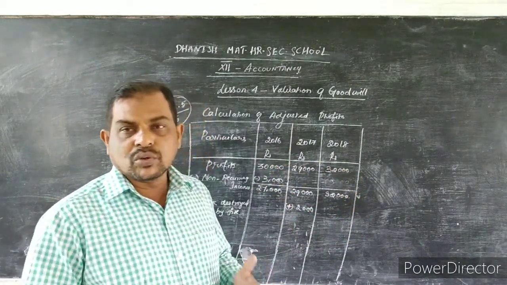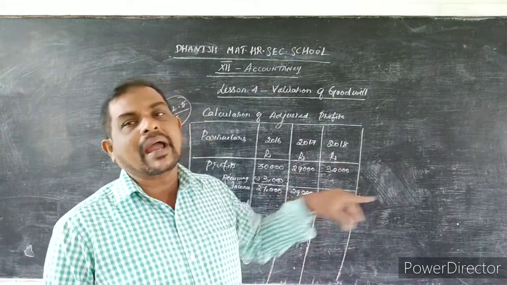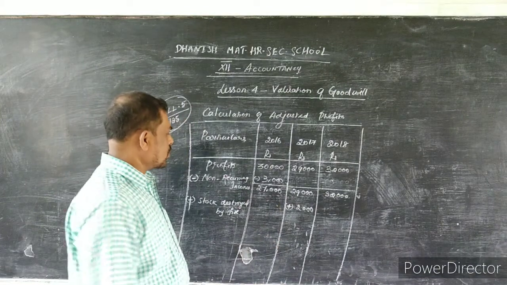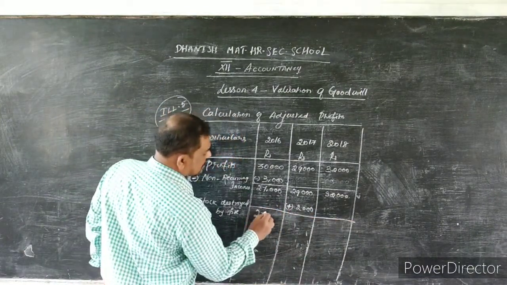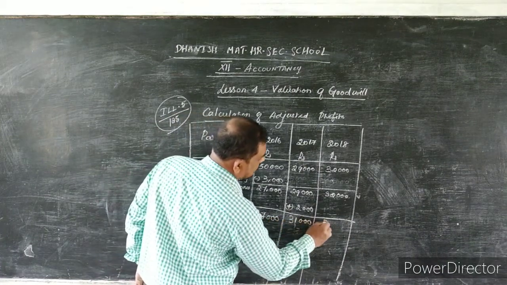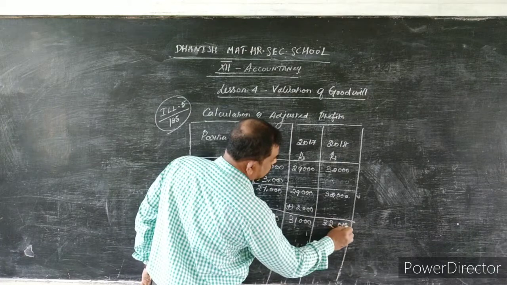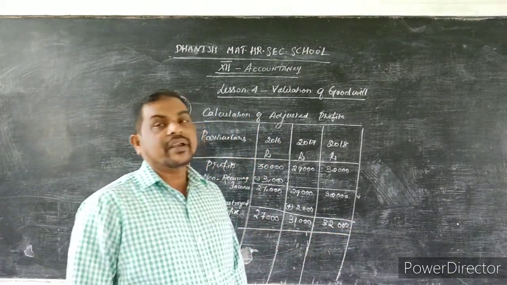So I am adding this 2,000 rupees. Okay. The adjusted profits are 27,000, 31,000, 32,000.